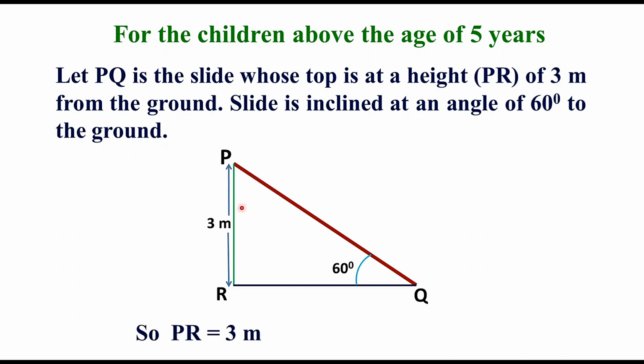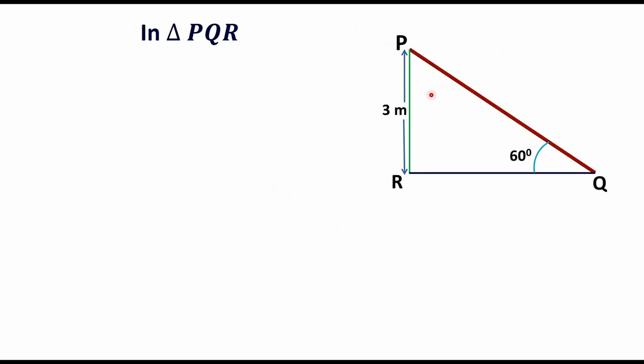So PR is equal to 3 meter and the angle PQR is equal to 60 degree. So in triangle PQR is again a right angle triangle.